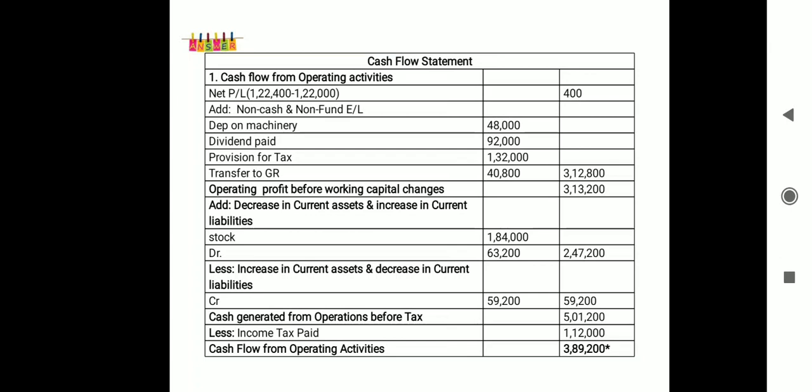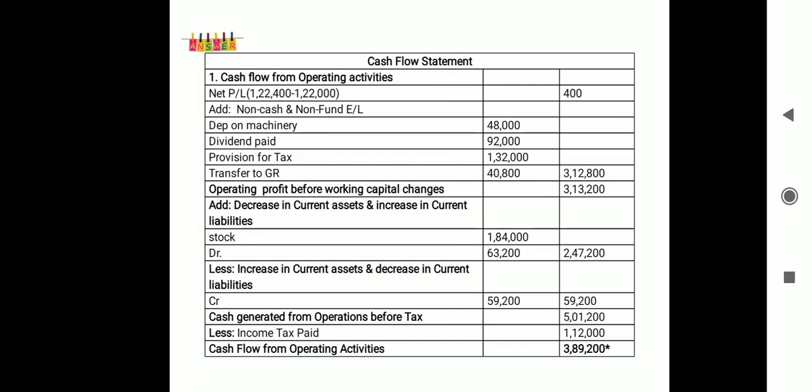Then we need to deduct the increase in current assets and decrease in current liabilities. No other current assets are there. We have only one current liability which is decreasing, that is creditors. From the balance sheet, checking 2015 compared to 2014, there is a decrease of rupees 59,200.